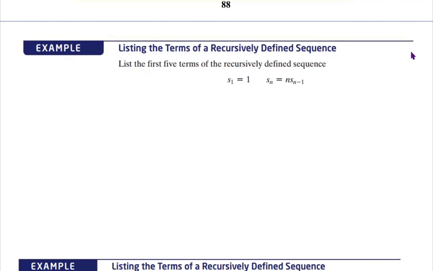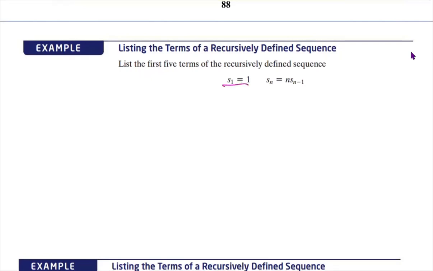So when you're using the prior term to get the next term in a sequence, you say that the sequence is recursively defined, because the terms are being connected to each other. Prior term gives you the next term. Here's an example.